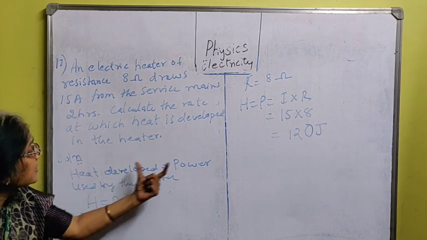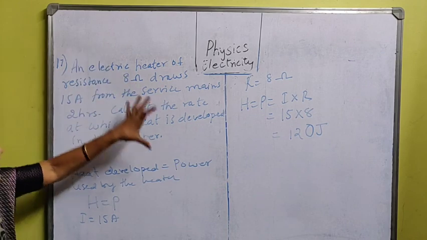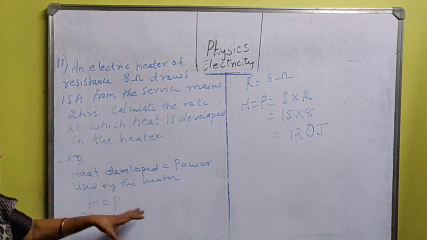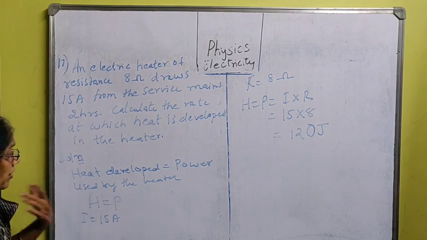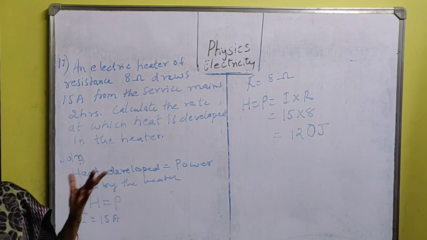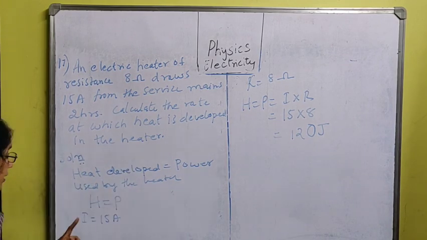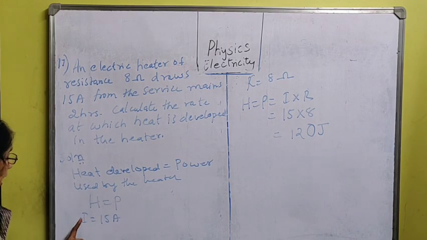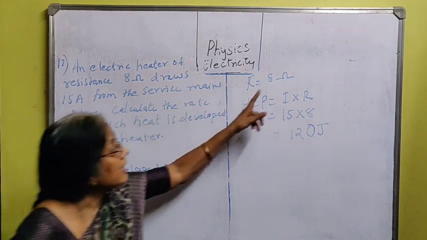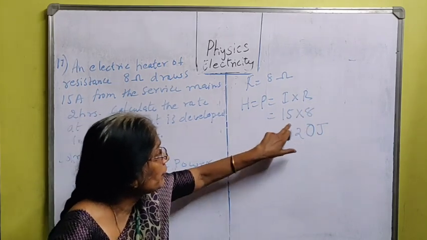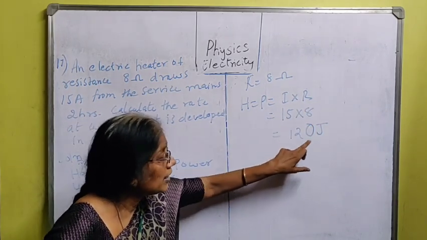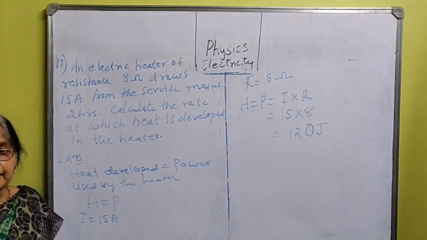So heat developed in the electric heater is nothing but the power used by the heater. So H is equal to P. Power is nothing but I into R. I is given as 15 ampere. R is given as 8 ohm. So H is equal to P is equal to I into R is equal to 15 into 8 is equal to 120 joules of heat is produced.